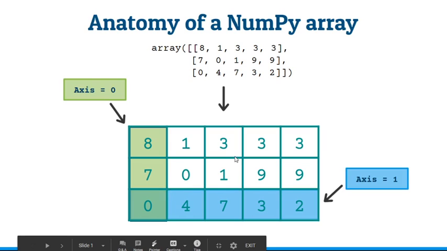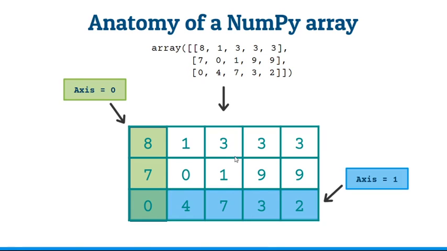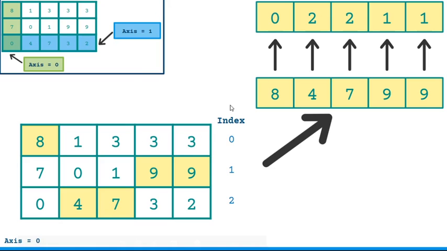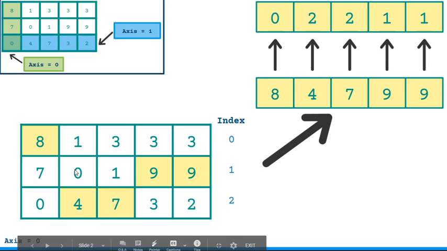But that's not it. You need to know how argmax and argmin work. So let's say you put in axis is equal to 0.